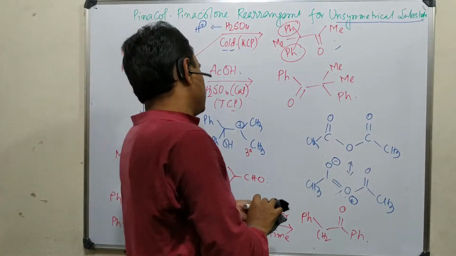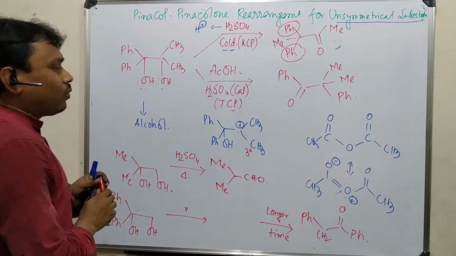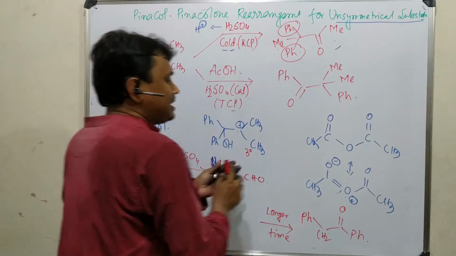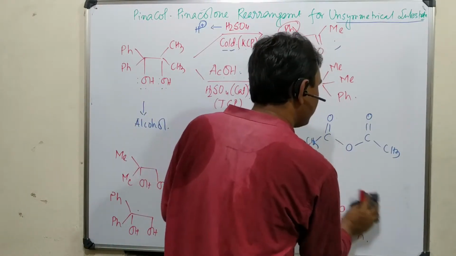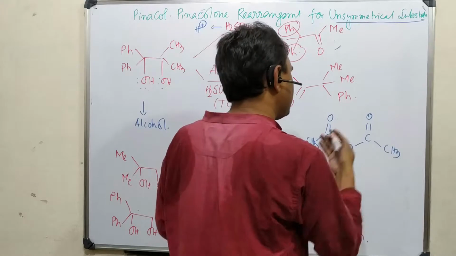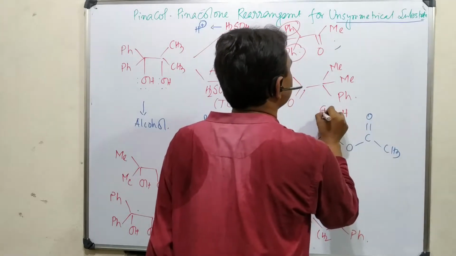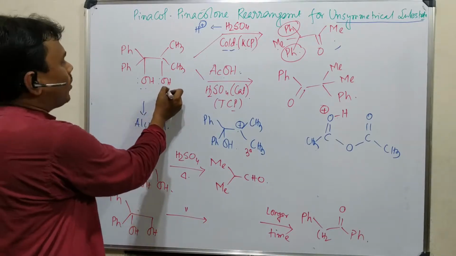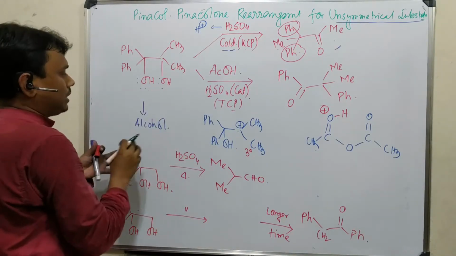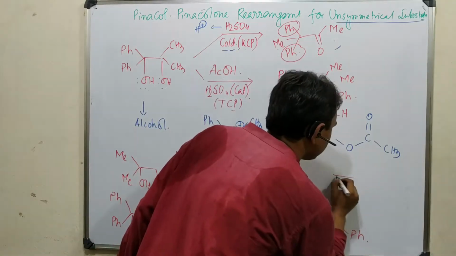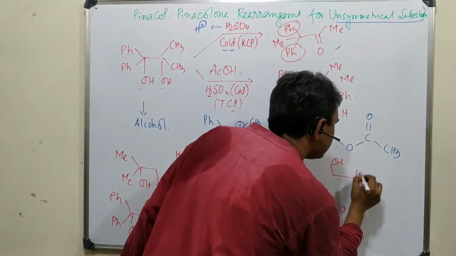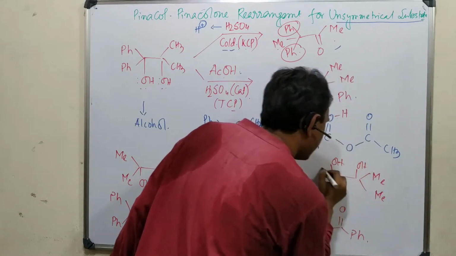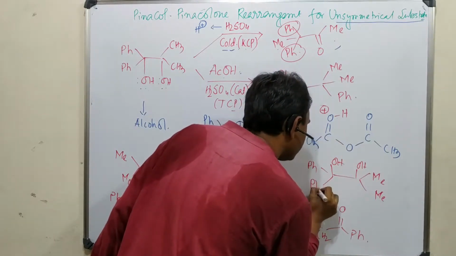So protonation will happen. We have understood that acetic anhydride will not remain in its original state in the presence of sulfuric acid; it will remain in this delta plus state. Now both alcohols can go and attack. This is OH, this is OH; let's consider this is methyl and this is phenyl.